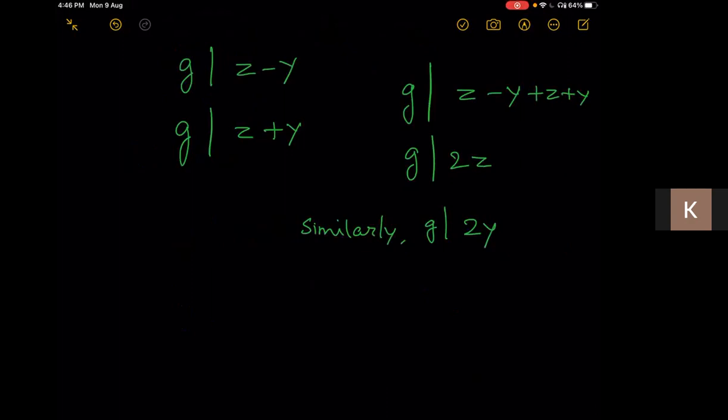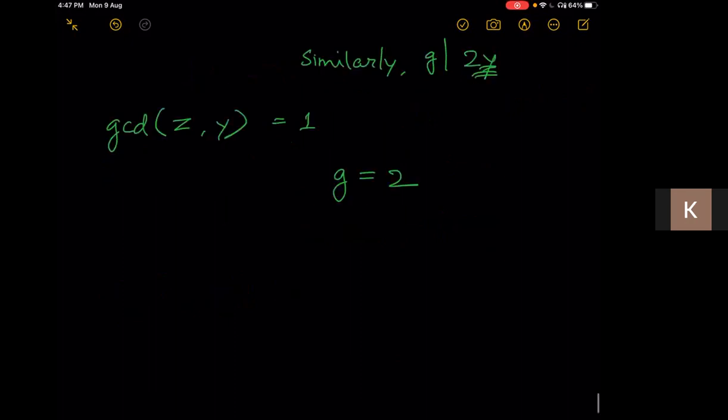But if G is a number which divides both z and y, then we also have GCD of z comma y equal to 1, because all the numbers are relatively prime. That was our special case. So G equal to 2 here, because any higher number would divide both z and y. Okay. Yes, sir, got it.